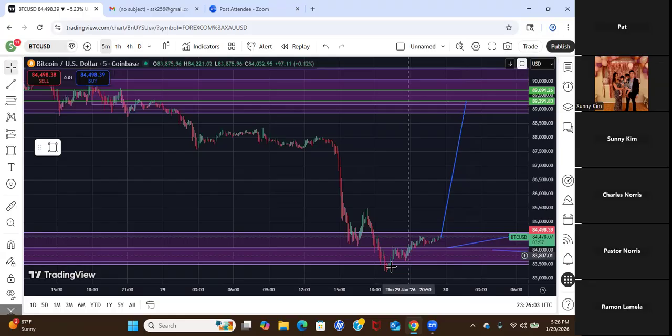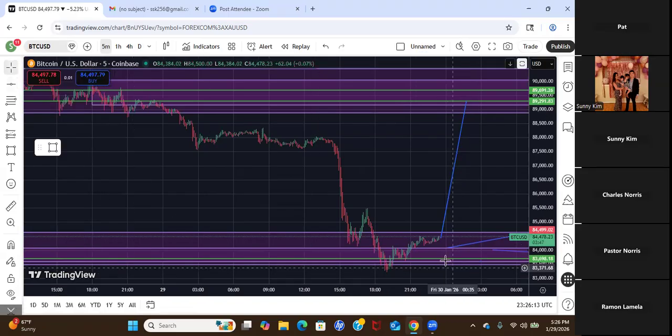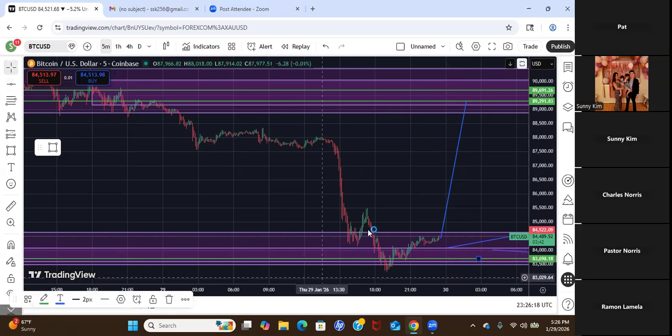Now on the opposite side, when price hits these red lines, you're going to enter these buys.